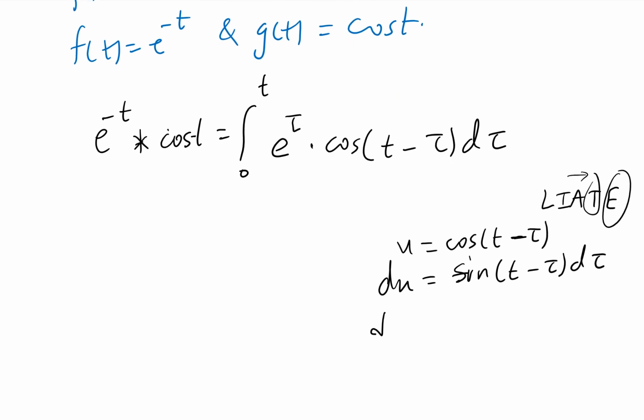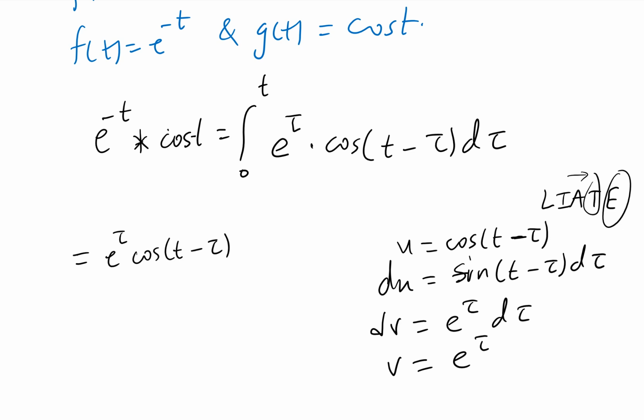That's du, and the rest is dv. dv is e^tau d tau, so v is e^tau. So let's see what we get. We get uv, e^tau cosine of t minus tau, minus the integral of v du, sine of t minus tau d tau. Of course 0 to t, and here 0 to t.